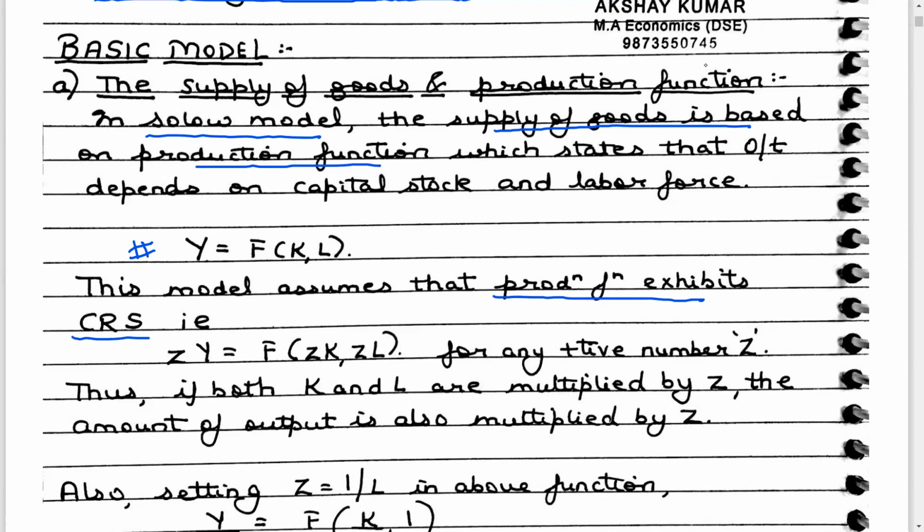Constant returns to scale means if you scale up your capital from K to zK, and your labor from L to zL, your output will also scale up from Y to zY. This means that output is increasing in the same proportion as capital and labor. So the Solow model assumes the production function to have constant returns to scale.